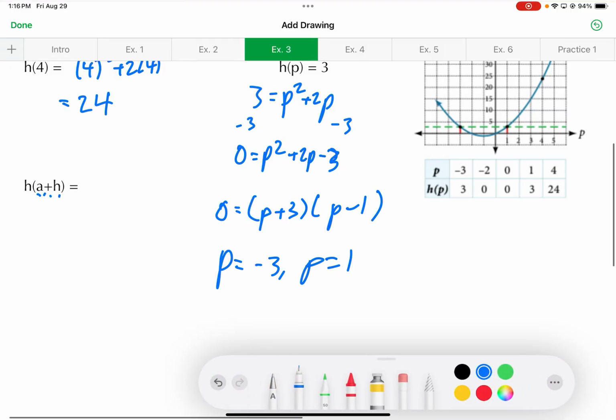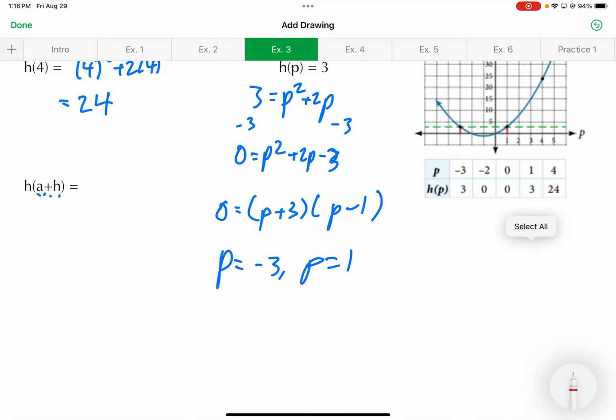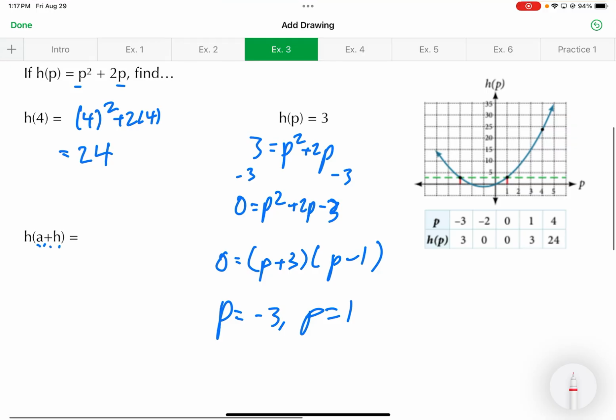So what this looks like, let me change my color, is I would end up with, because I have p squared plus 2p, h is going to replace the p. So I would have quantity a plus h squared plus 2 times a plus h. And then what Isabel's advocating for us to do is go ahead and square that out and combine like terms.